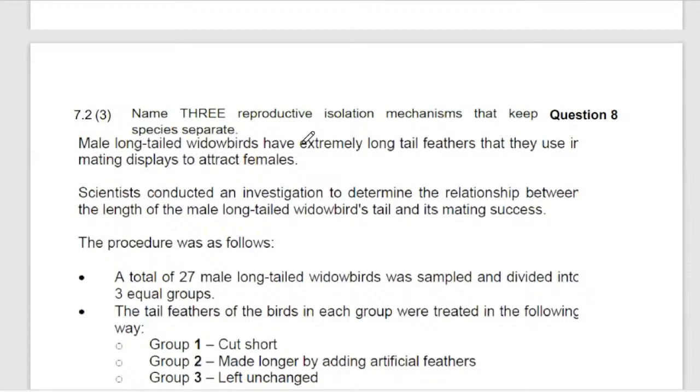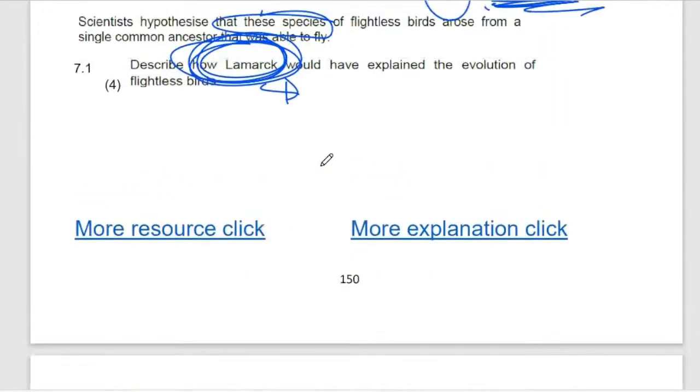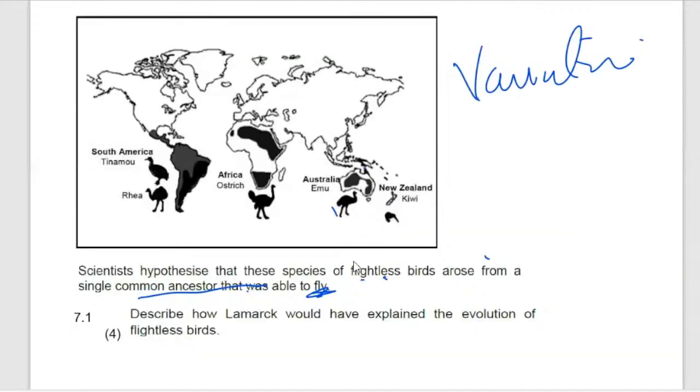Describe how Lamarck could explain how the elephants came up with the long trunk. Let me just use this example this girl is asking me. Please describe how the high-flying small ancestral bird evolved into different species of large flightless birds.